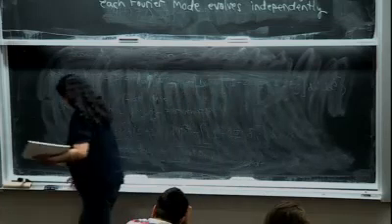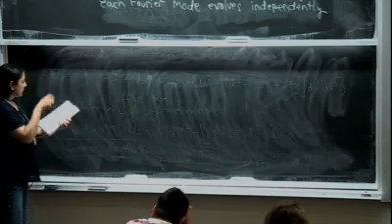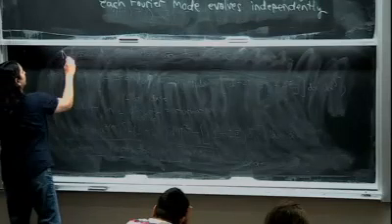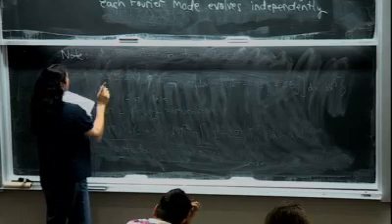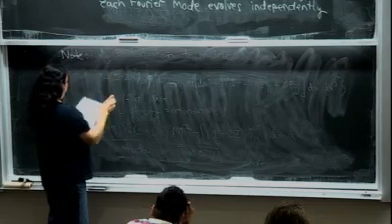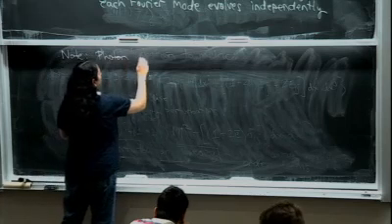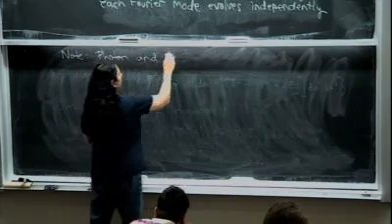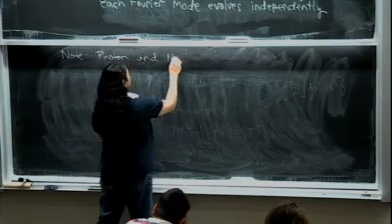So first, one thing to note is that unlike the dark matter and baryon perturbations, photon and neutrino perturbations don't just depend on X and eta.